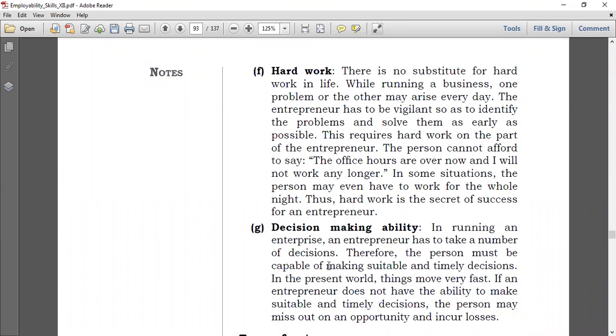Then decision making ability, right? In entrepreneurship or in any kind of business you have to take decisions in between. For example, in whatever production you are doing, if you feel that there must be some change in the production, you can do it. These decisions you should take positively and as quickly as you can, so that will help you flourish your business.